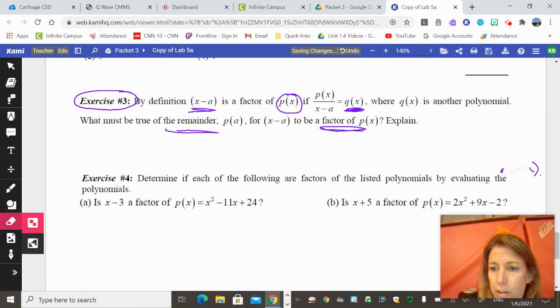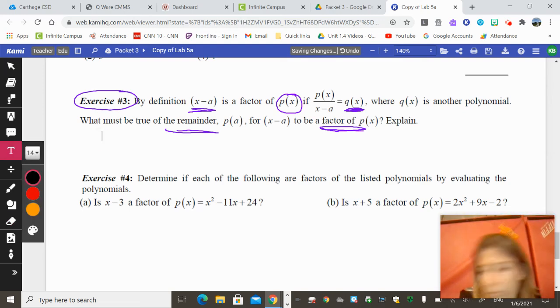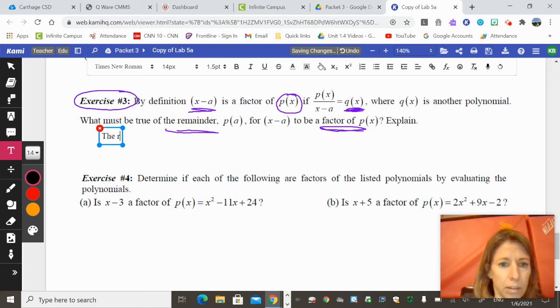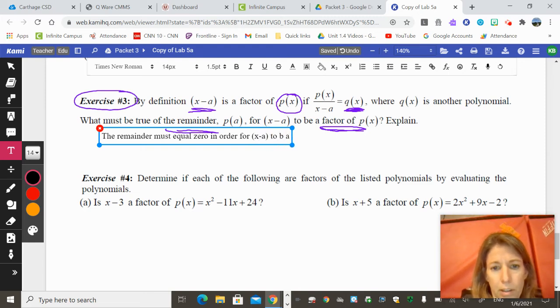I guess it's good to reiterate this because it's a very important concept. The remainder must equal 0 in order for x minus a to be a factor of p of x.